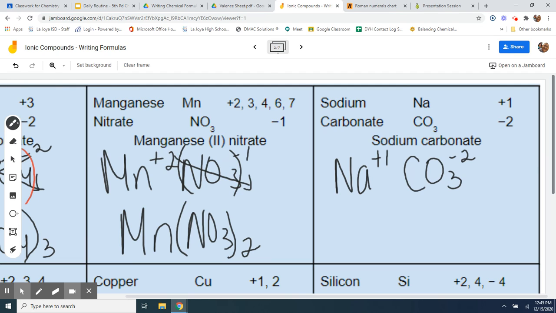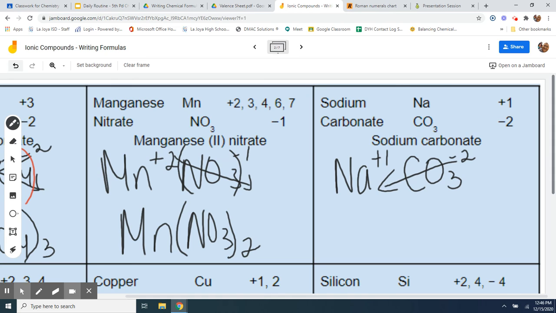First off, we wrote the symbol and the charge. Do they cancel out? Do my charges cancel out, Francisca? I'm looking at the chat. I don't see a response. Do the charges cancel out, Miss Francisca? They cancel out. This number is the same as this number. No. So step 3 says I need to cross it down.